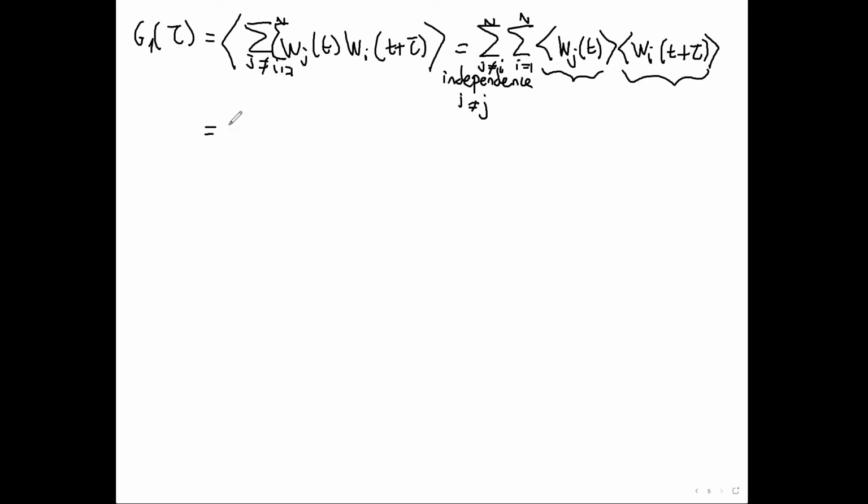So this is n times (n minus 1) times the average of Wi to the power 2.